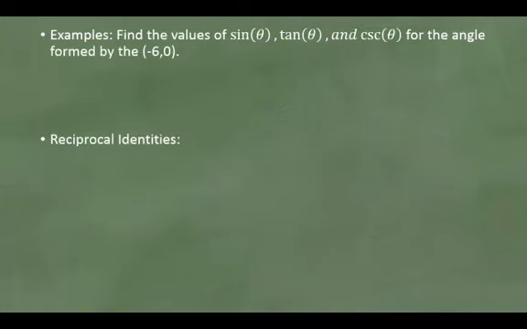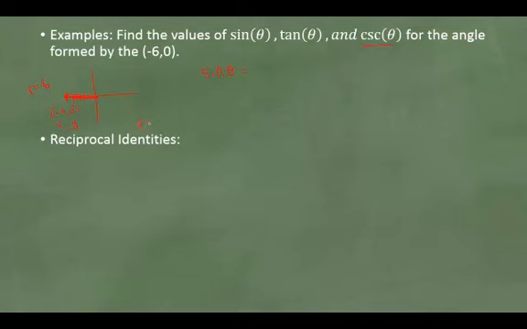Find the values of sine, tangent, and cosecant for the angle formed by the point negative 6, 0. So now we're at negative 6 for the x-axis and 0 for the y value. Again, I'm going to label this negative 6, 0, x, y. And what is our r, by the way? What is that length? r is equal to positive 6.